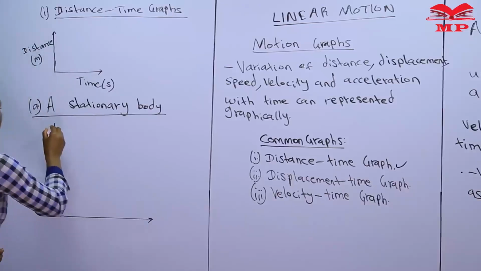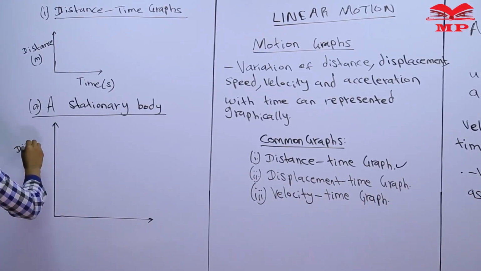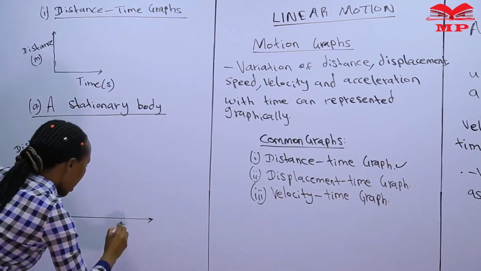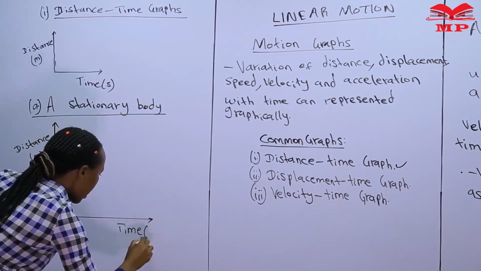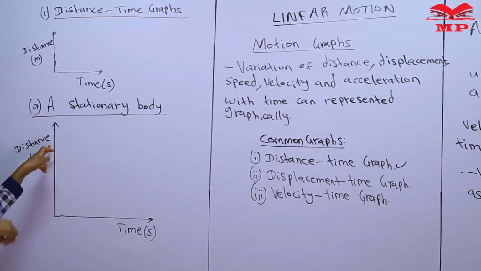So you draw the axes. Then you name the axes. We have distance, in meters. Then we have time, the SI unit of time, which is seconds. So for a body that is not moving, it simply means that the distance remains the same.